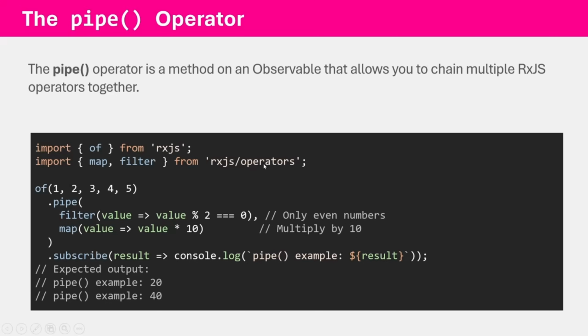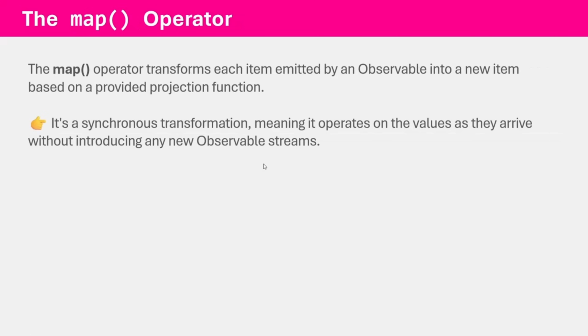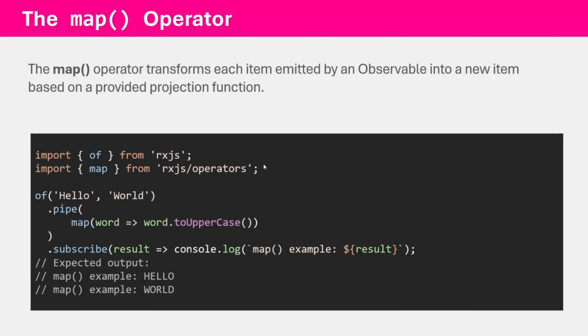Other than this pipe operator, we also have the map operator. Now the use of the map operator is to transform each item emitted by an observable into a new item based on a provided projection function. Let's try to understand it with an example. So let's say I have an observable which is going to return me two string values, hello and world.